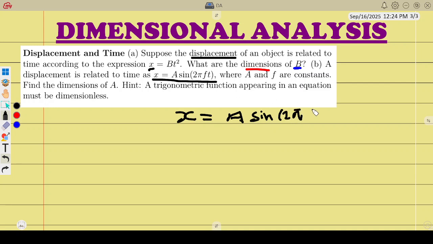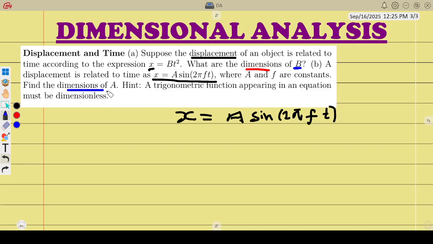This is a formula under simple harmonic motion. As you are studying your A levels, your natural sciences, later on when you reach simple harmonic motion, you are going to find my videos again. They are already there. I made them some time back. Now this is an equation for displacement in simple harmonic motion. So they want us to find the dimensions of what?